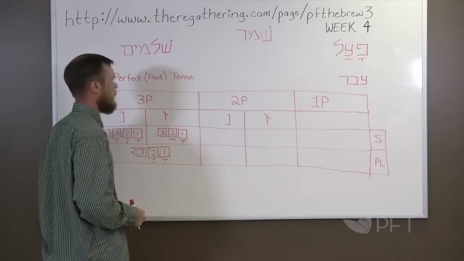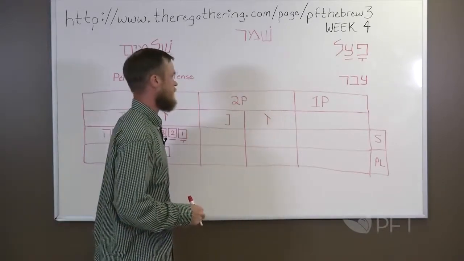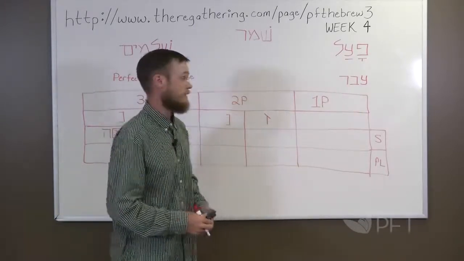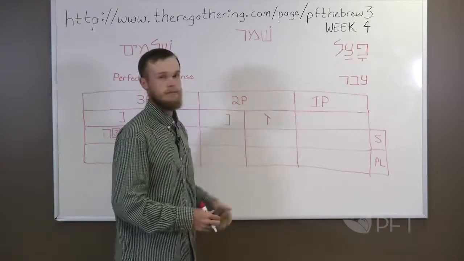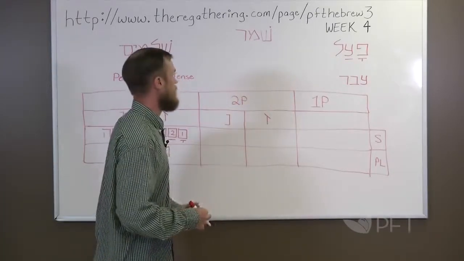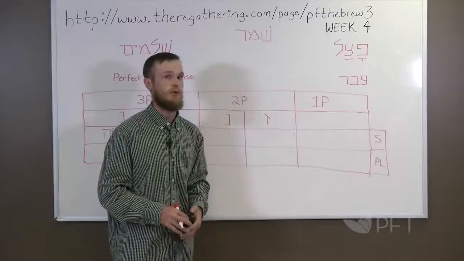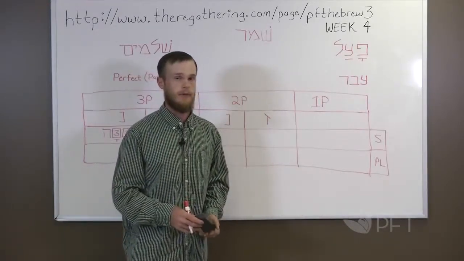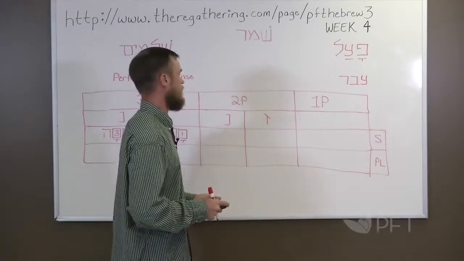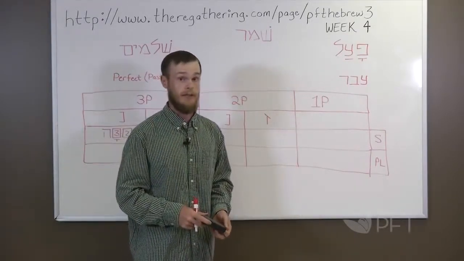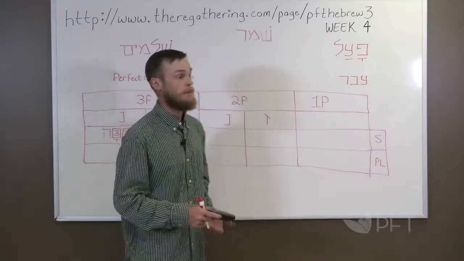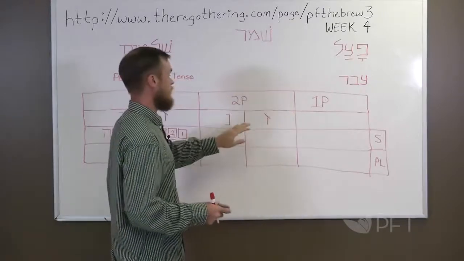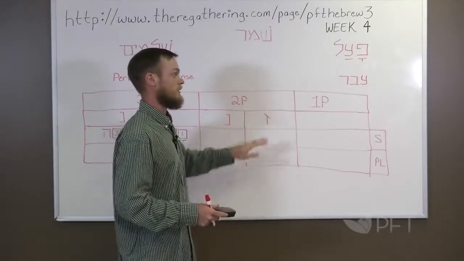So I'll give examples of all of these. I'm going to have a tendency to include the pronouns that match the person. Okay, so I'm going to tend to include second person and first person pronouns with verbs. This is technically redundant. Technically it is not necessary, although it is sometimes done in the biblical text to add emphasis, but it is not necessary to include a pronoun with the verb that is properly conjugated.